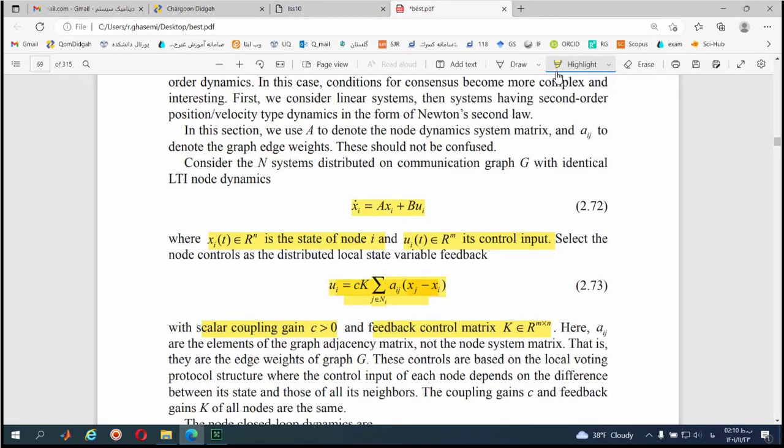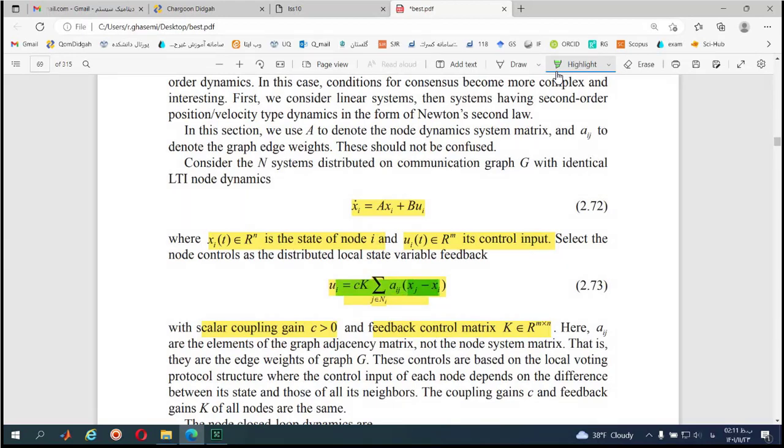Based on the previous lesson, we see that in ui you should have xj minus xi. Why? We discussed collision avoidance, flocking, and connectivity.